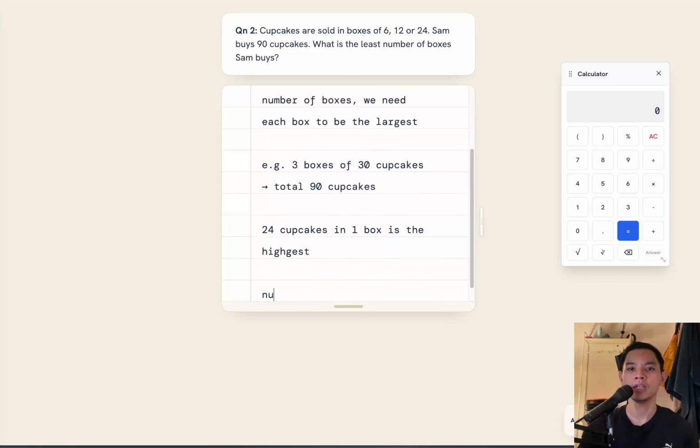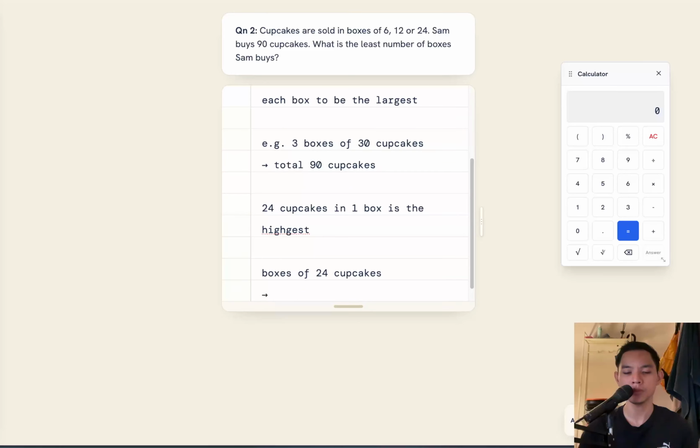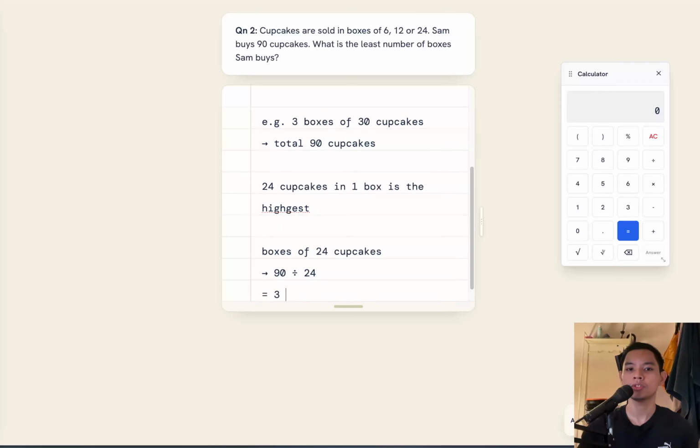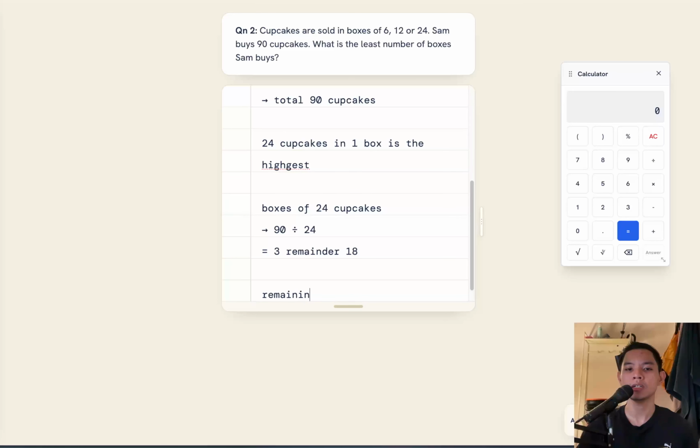So the number of boxes of 24 cupcakes is 90 divided by 24, and this will give us 3 remainder 18. So the remaining cupcakes is 18.